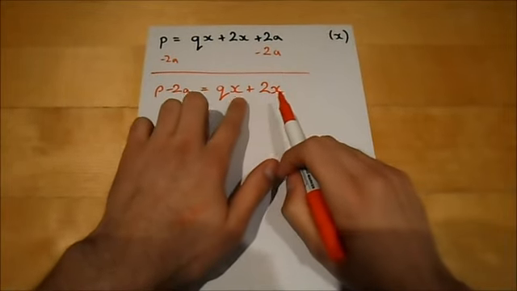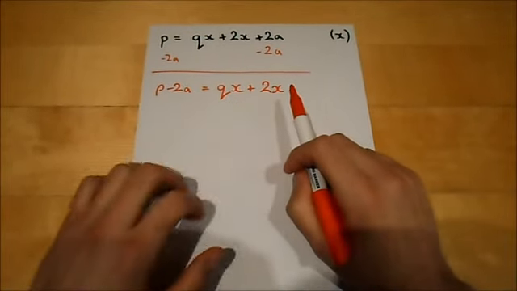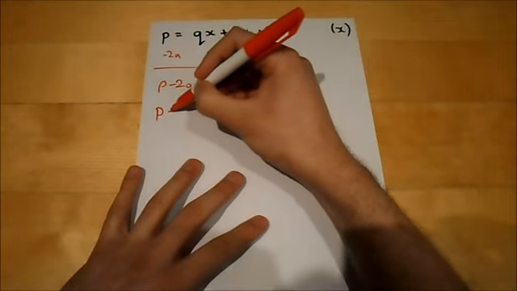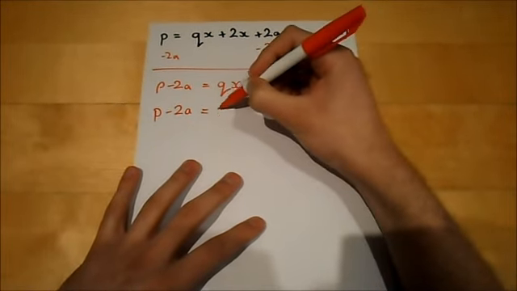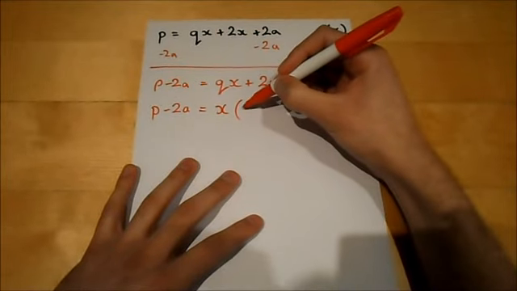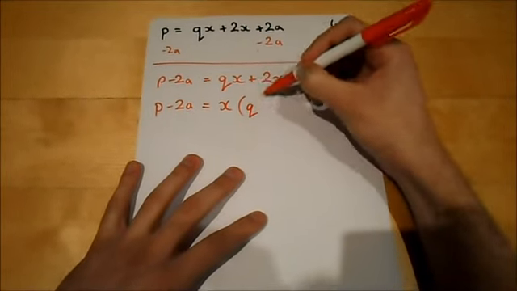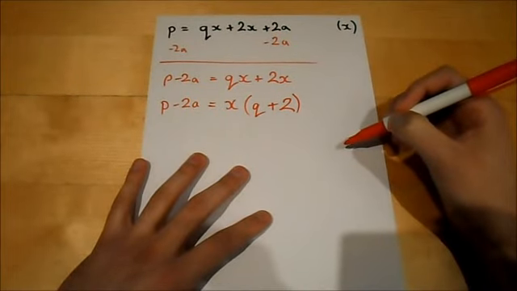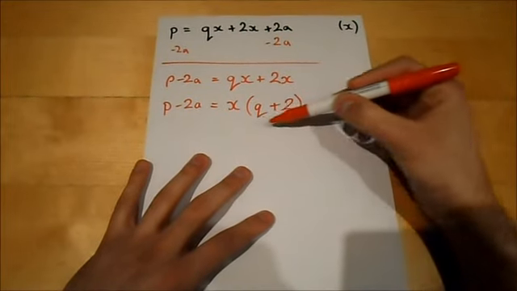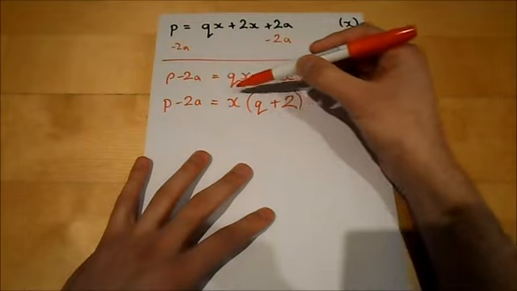Now, what I can do here to separate this out is I can factorize. If I factorize this, which isn't changing anything, it's just rearranging it, I can take the x out because they both have x in common. So x times q makes qx, and x times 2 makes 2x. So this here is exactly the same as this, just written slightly differently.